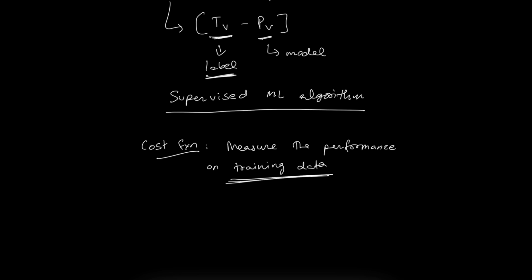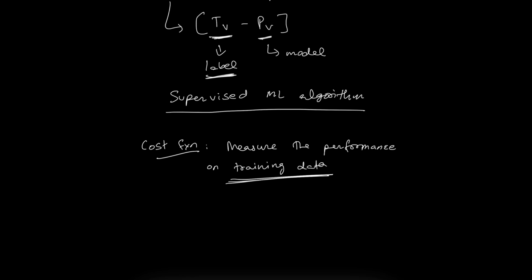So we compute statistics, we compute the parameters of the model, such as weights and other things, coefficients for linear regression, and we compute these parameters during the training of the model. And to check the performance of the model during training, we use the cost function.